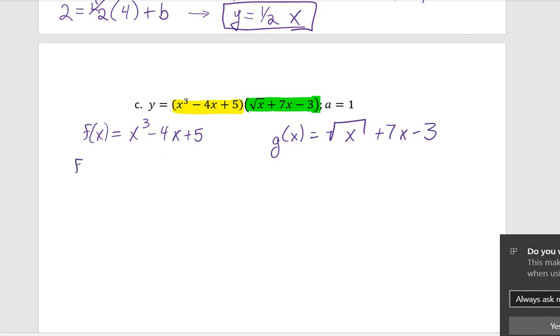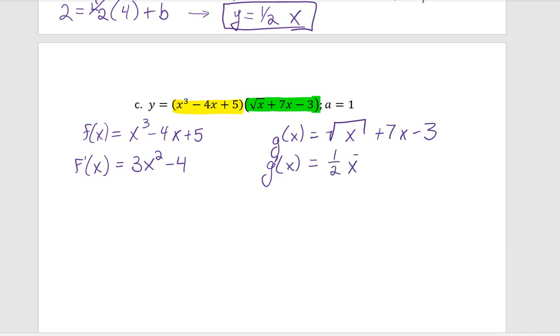So when I take the derivative of f, I'm going to get 3x squared minus 4. And then when I take the derivative of g, g prime, I'm going to get 1/2 x to the negative 1/2 plus 7. So the derivative, y prime, if you scroll up and you look at the product rule, is going to be f times g prime plus f prime times g.